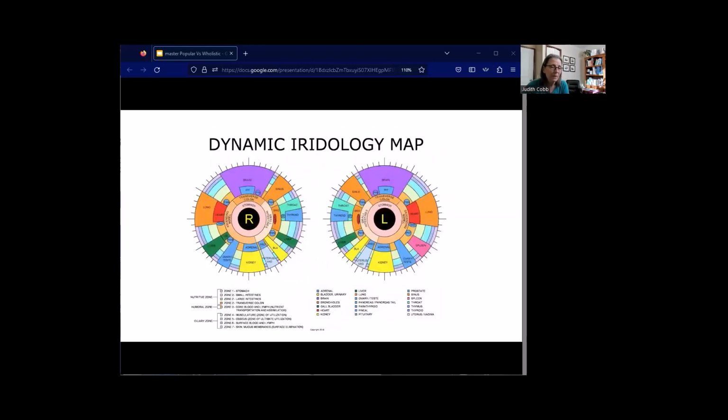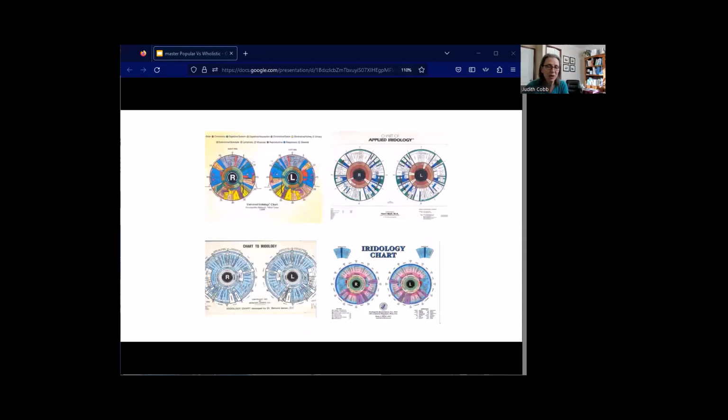Instead, I like to use a constitutional iridology map. Now, what are some things you notice about this map compared to these maps? I know these are hard to see, but you probably have at least one of these maps on your desk if you already do iridology at all.